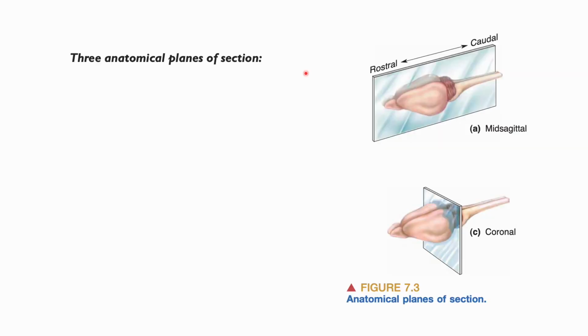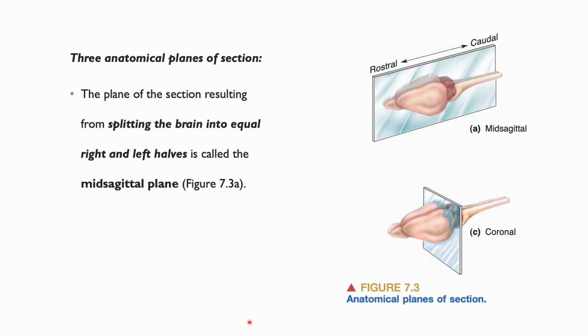There are also different anatomical planes of section. For example, in figure 7.3, this is a rat brain. If you were to cut this brain right down the middle, down the longitudinal fissure, which would divide the left and right hemispheres from one another, this would be known as a sagittal section. The splitting of the brain into two equal right and left pieces is also referred to as mid-sagittal.